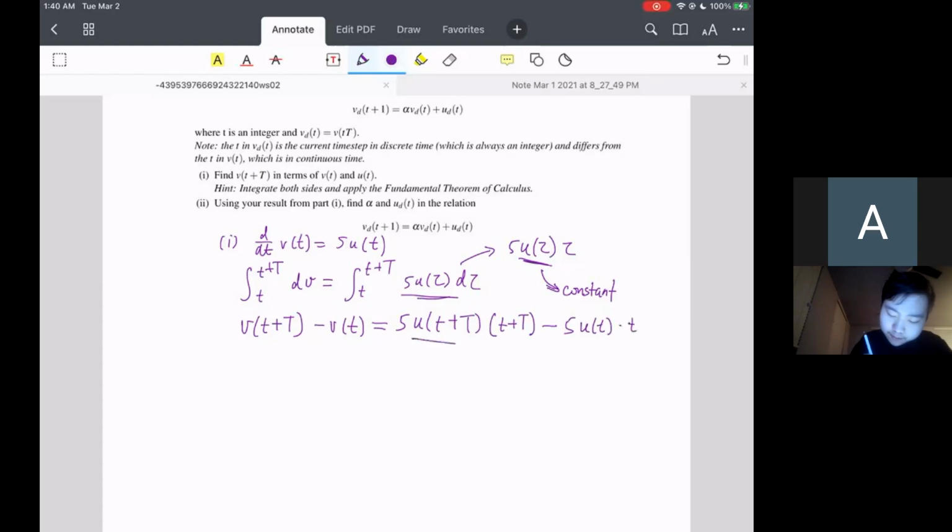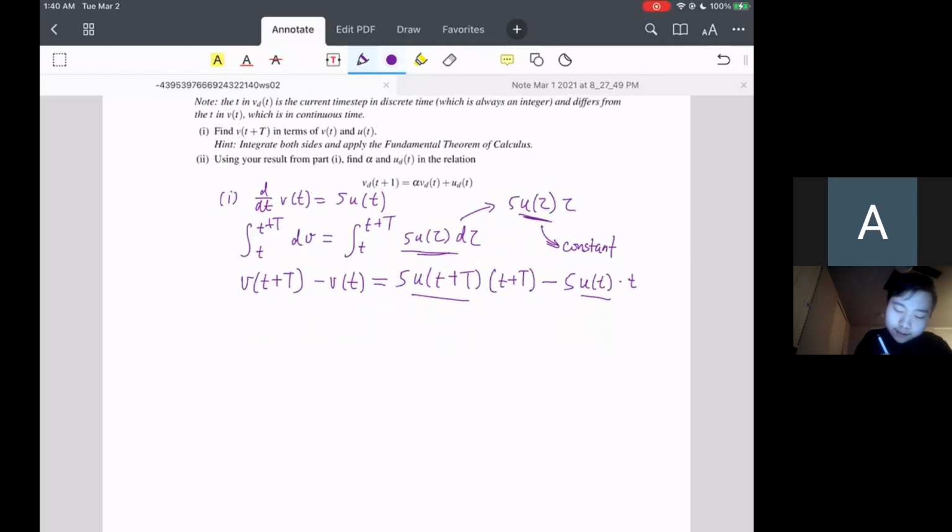Right, since U(t+T) is equal to U(t), we see that V(t+T) is simply 5 T times U(t) plus V(t). Okay, so we have found V(t+T) in terms of V(t) and U(t).